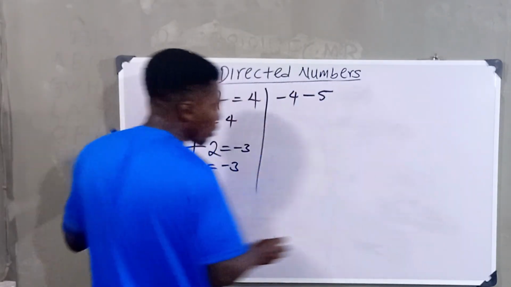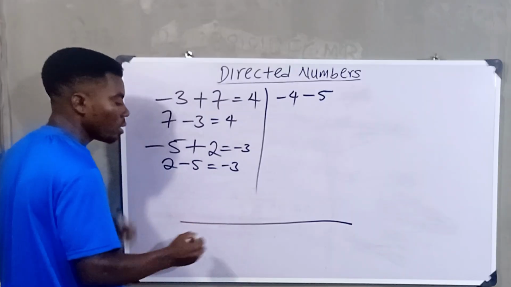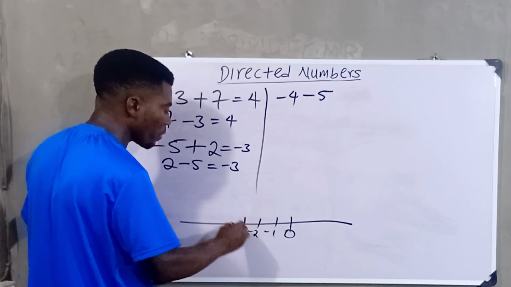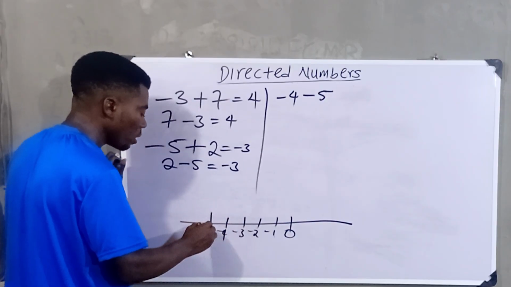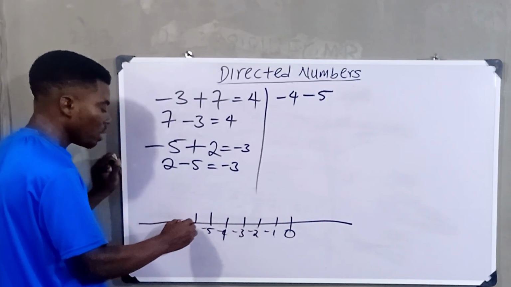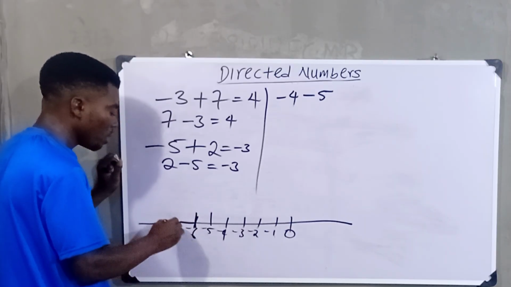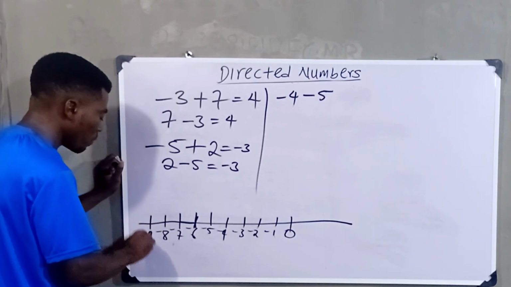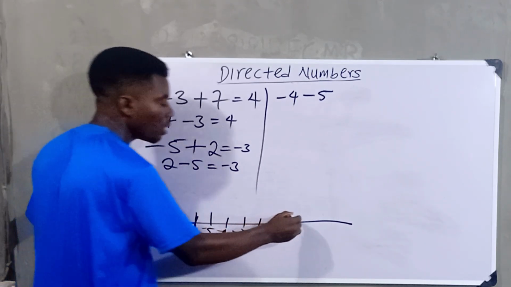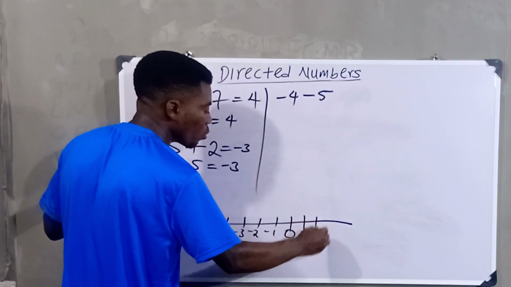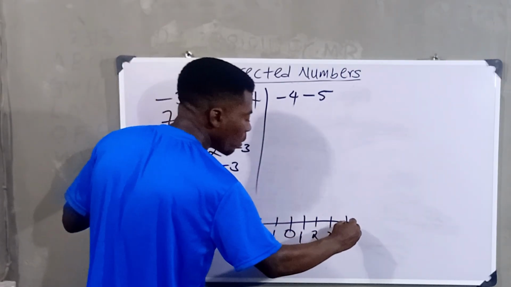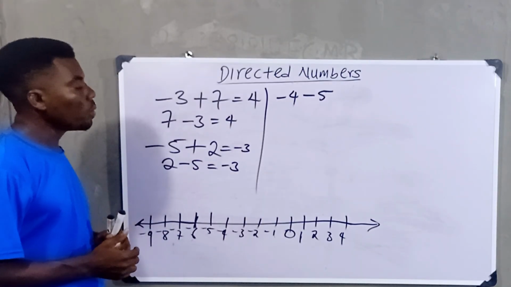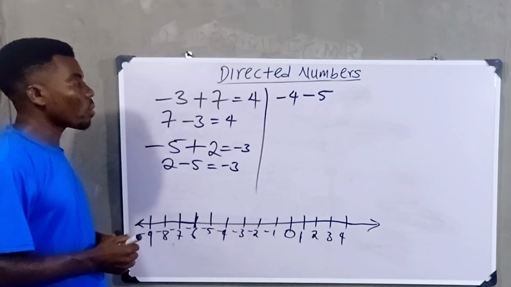So here is 0, negative 1, negative 2, negative 3, negative 4, negative 5, negative 6, negative 7, negative 8, negative 9, till negative infinity. And here 1, 2, 3, 4, till infinity. So negative 4 minus 5, what will be the result?